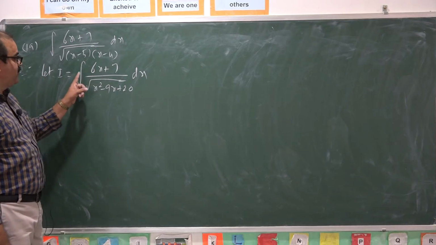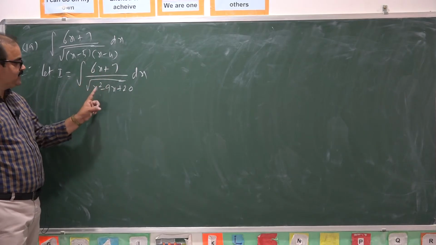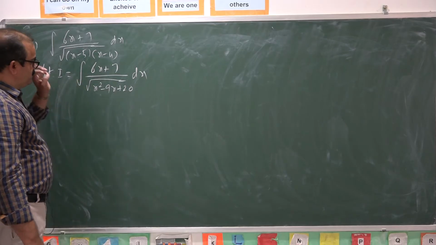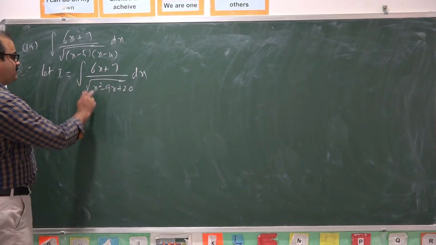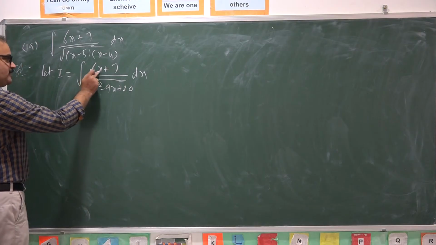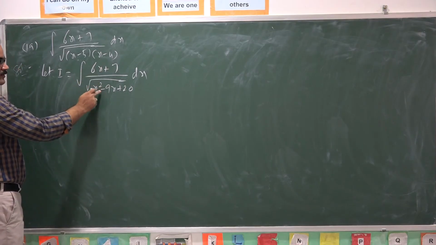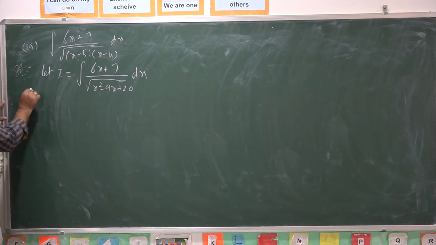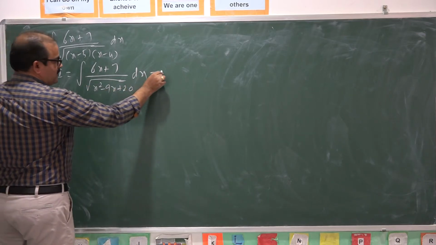It is in the form of integral px plus q by root of ax square plus bx plus c. From that special type, let linear form is equal to a into d by dx of quadratic form plus b. Let it be equation 1.